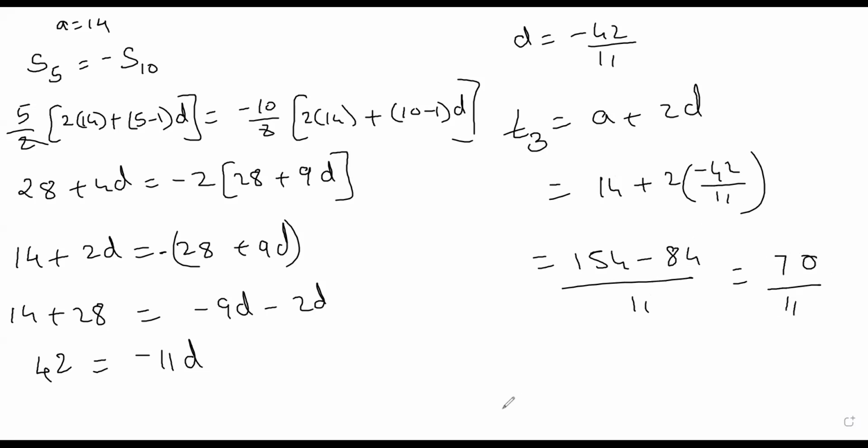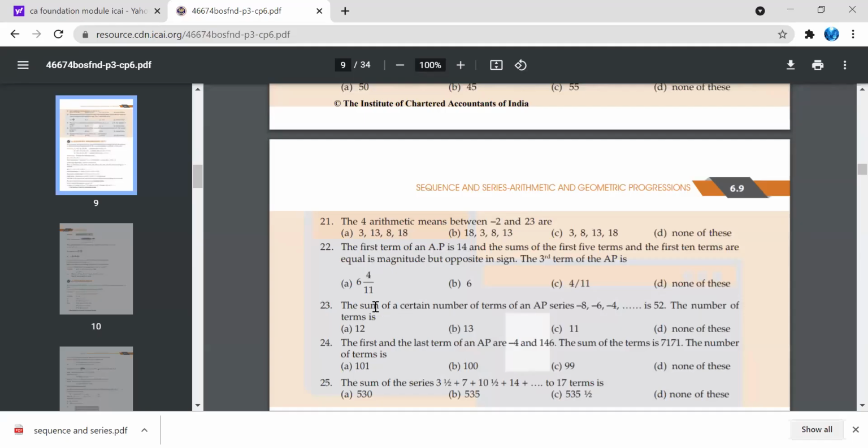Your answer is 70 by 11. That is your T3. 70 by 11 is this. See, if you solve the 6 into 11, 66 plus 4, 70 by 11. So A is your answer.